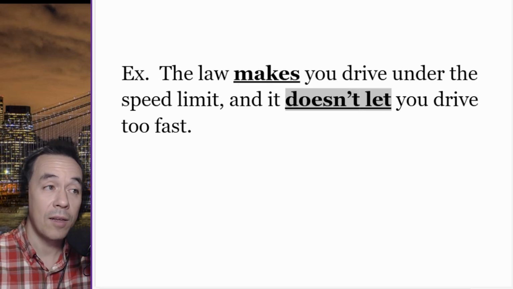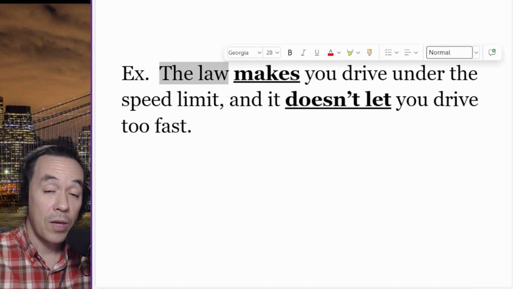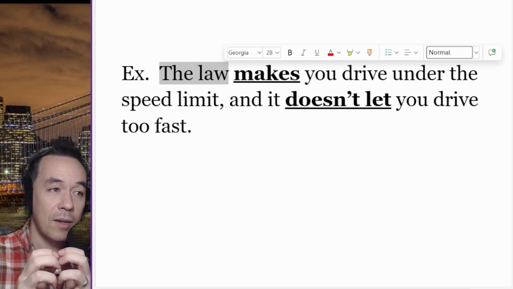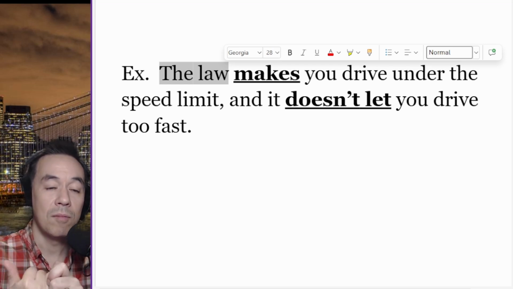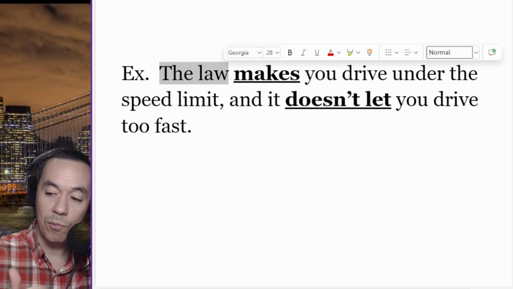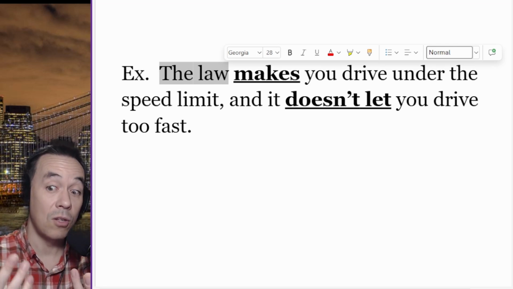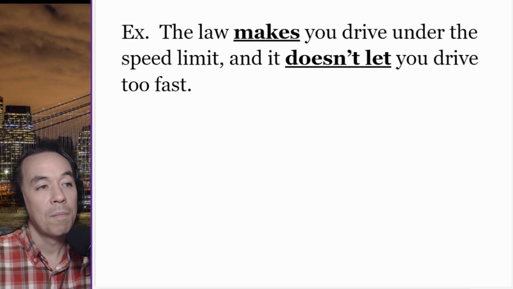Okay, and yeah, the law is kind of the most powerful thing in most countries. So this language is not simple because it goes to the highest, most expert levels of English: the law, the government. All right.